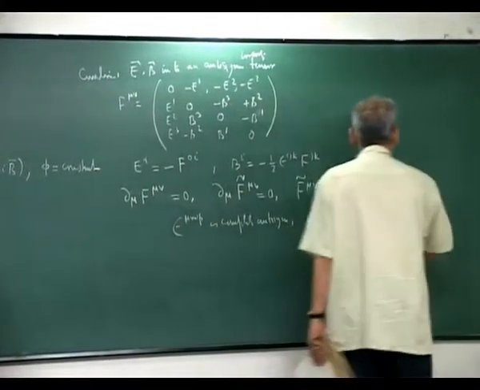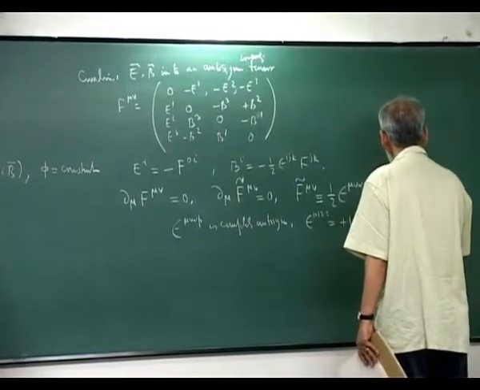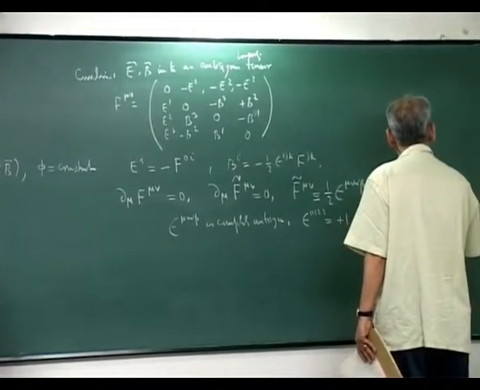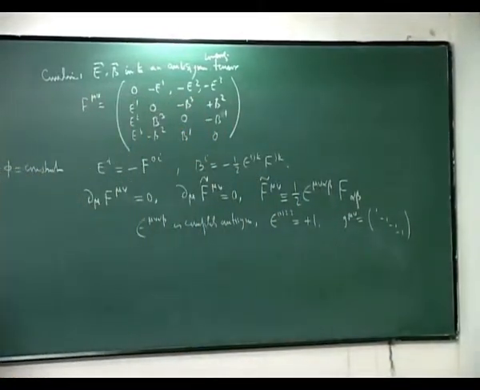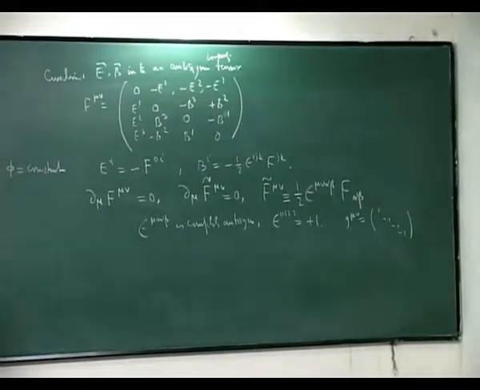Remember, our metric g mu nu is diag(1, -1, -1, -1). The Minkowski metric is diagonal, plus 1 in the time direction and minus 1 in all the space directions.